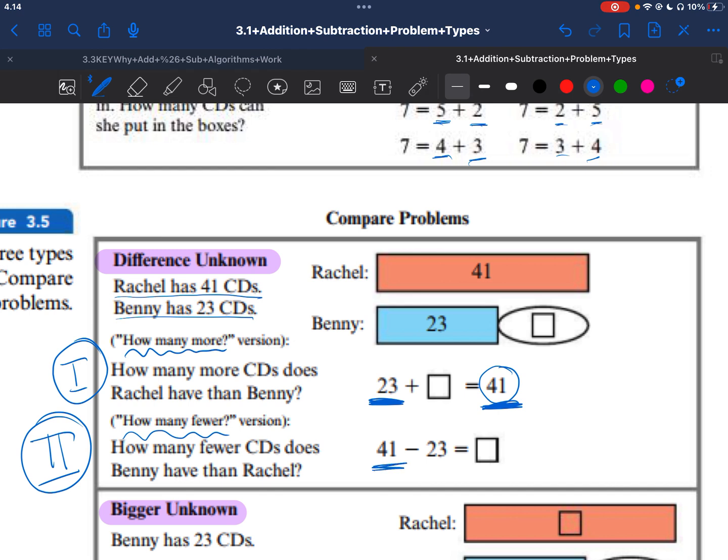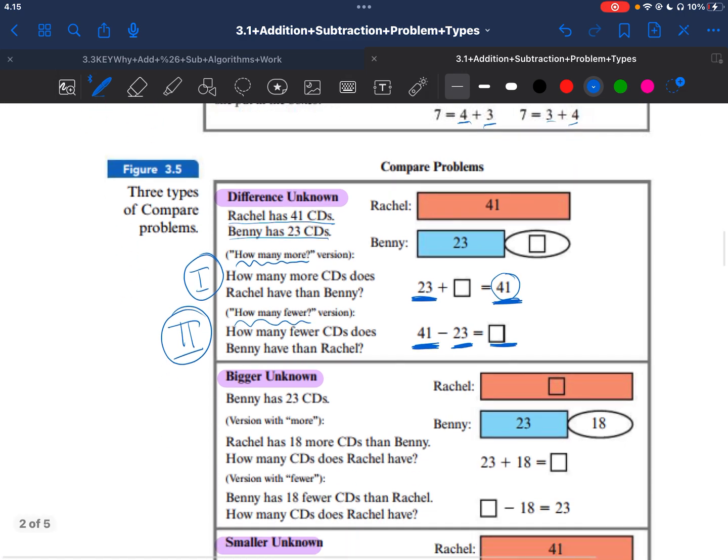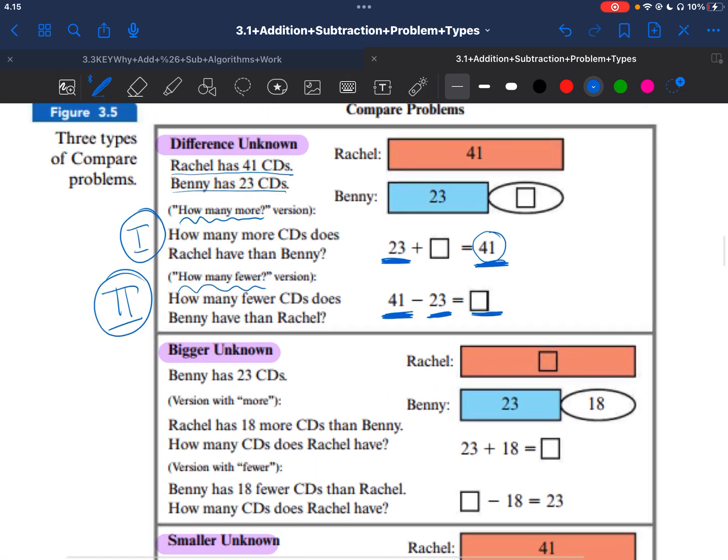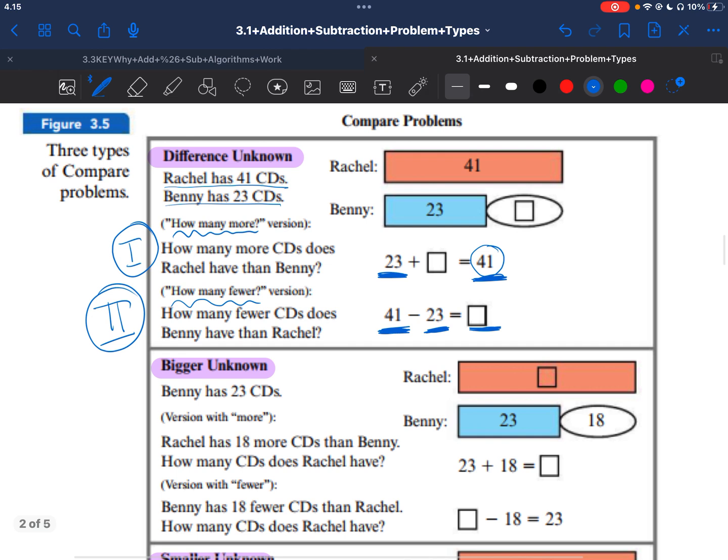We're putting Rachel's CDs in the front because it's bigger, and we subtract Benny's from it. So the difference will tell us how many fewer CDs Benny has than Rachel. So it really matters how you phrase your questions. Think of it when you're creating problems for your students. You have two options just for the subtype, the difference unknown.